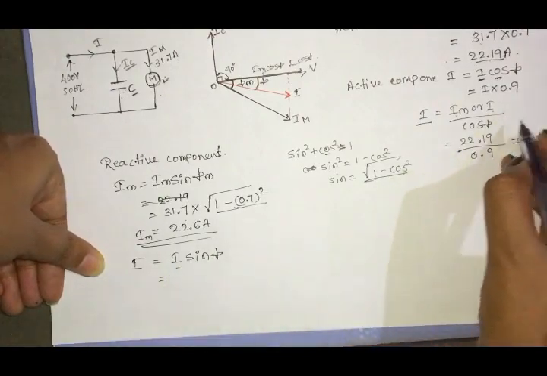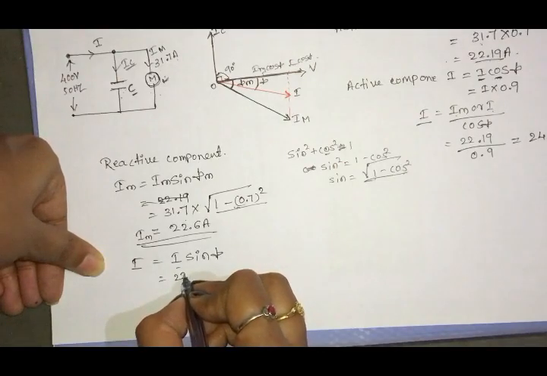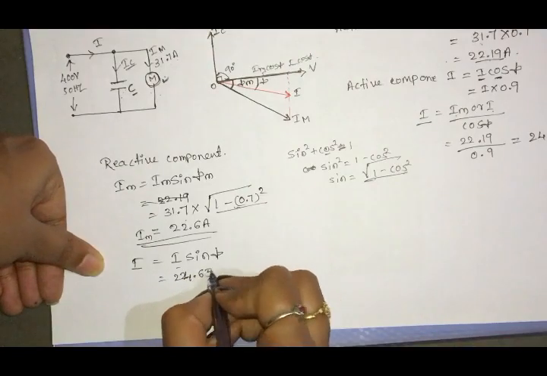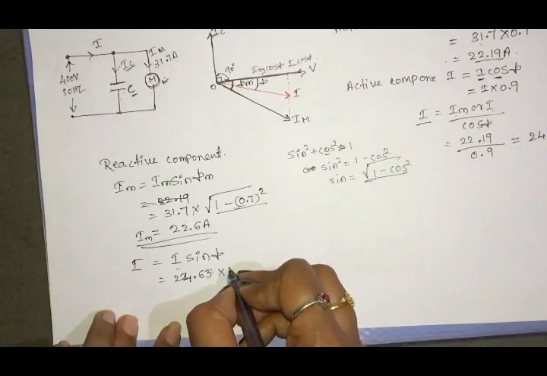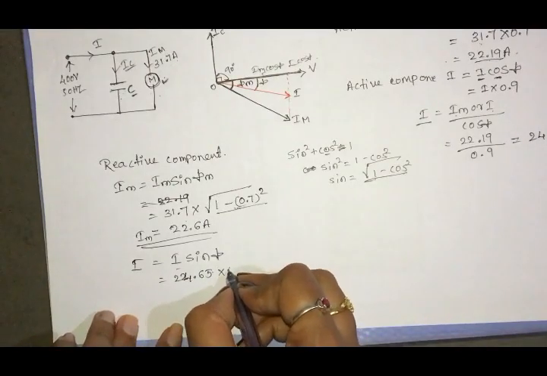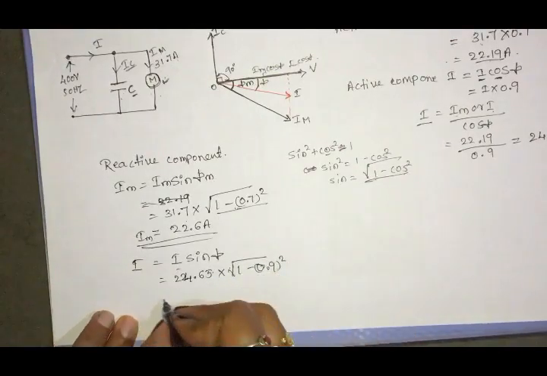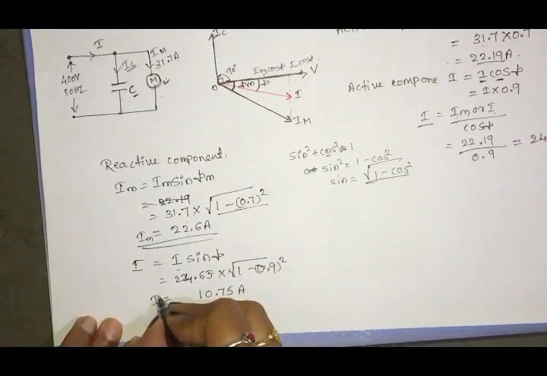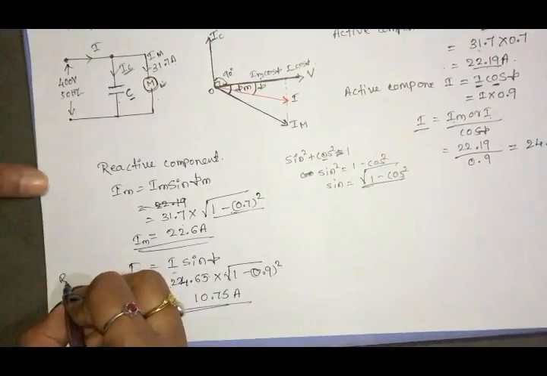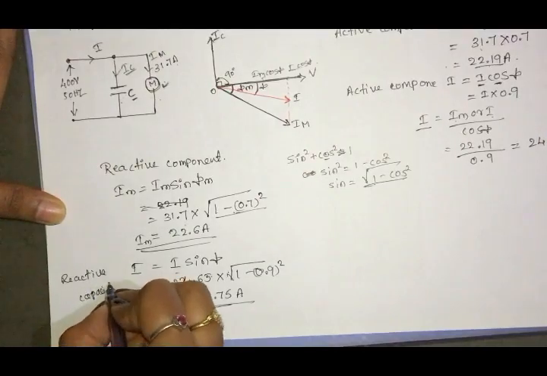So we know I is 24.65 into sin phi, the same, square root of 1 minus 0.9 square. So how much do we get? We get 10.75 amperes. So this is your reactive component for the capacitor.